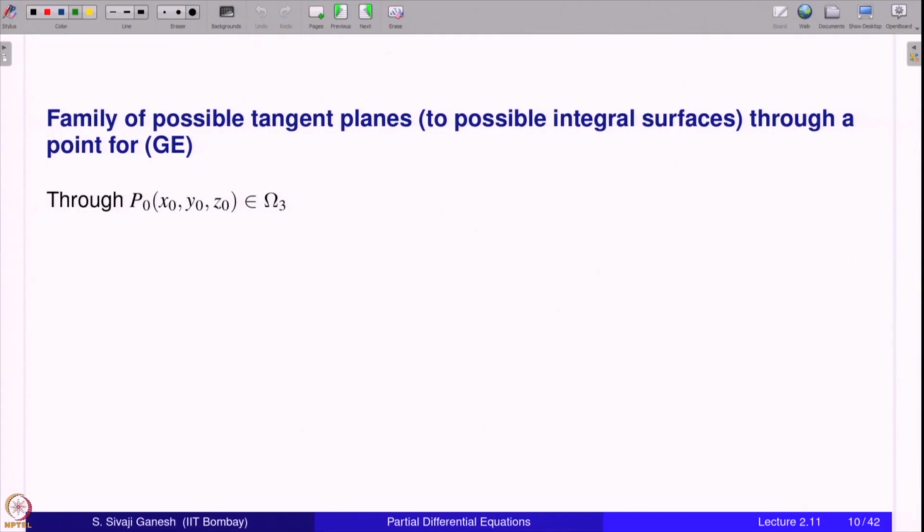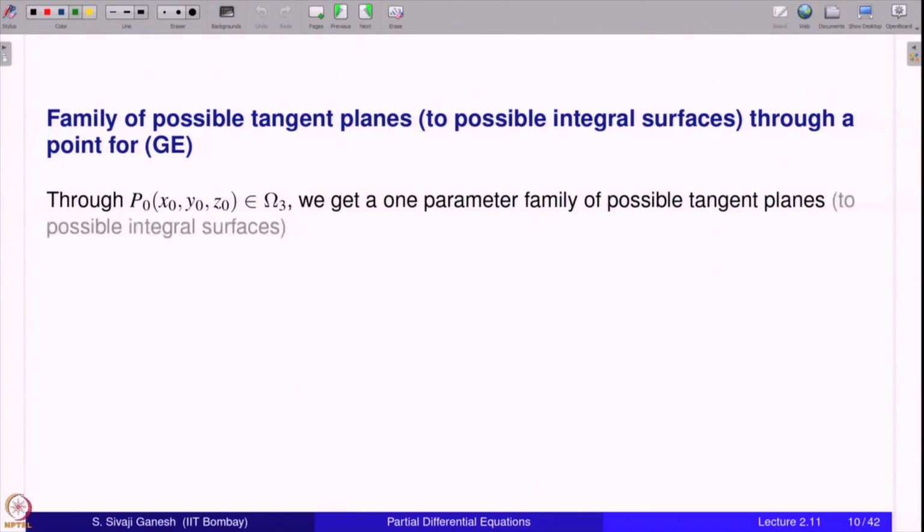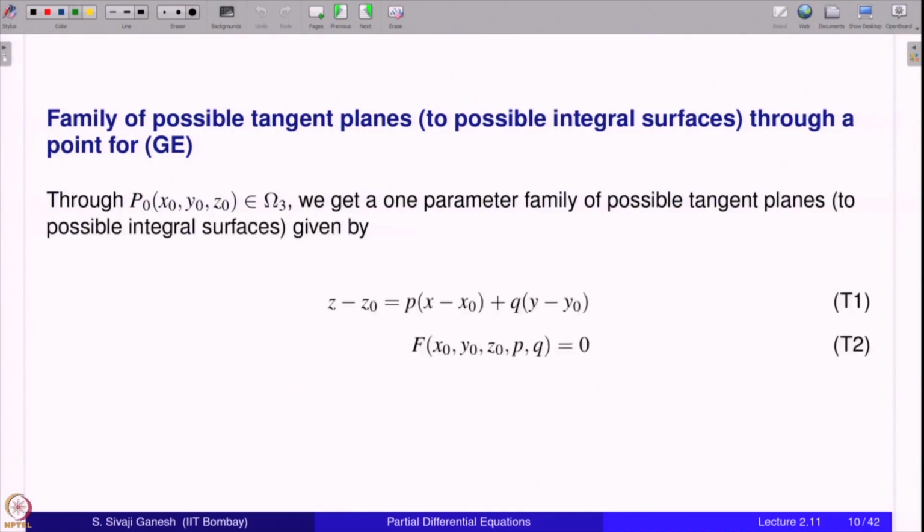Take a point P naught in omega 3, we get a one parameter family of possible tangent planes given by T1 and T2. What is T1? T1 is simply the equation of a plane passing through (x0, y0, z0), but by restricting (p, q) to satisfy T2, this is going to be a tangent plane to a possible integral surface.